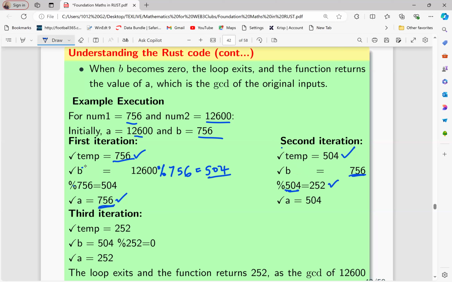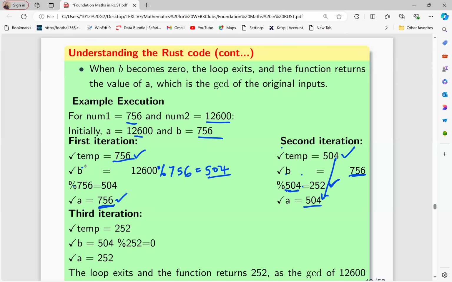So this is just the same statement. It's just broken, but it's the same statement. B is the remainder on dividing 756 by 504. That remainder is this. Now, what is A now? Our A is what was temporary. We got to the third step, the third iteration.